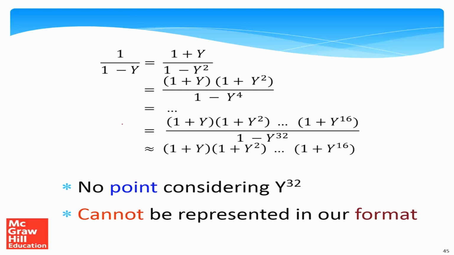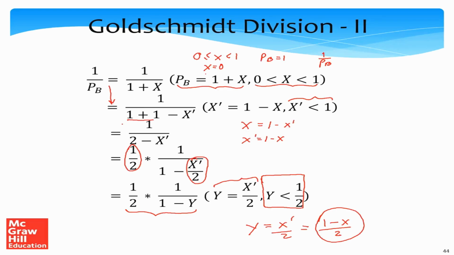Alright, so actually let me go back. Since we are multiplying a number by half and everything is in base 2, multiplying a number by half pretty much means multiplying a number with 2 raised to the power minus 1, or dividing the number by 2. We will compute the result of 1 by 1 minus y and right shift it by one position.